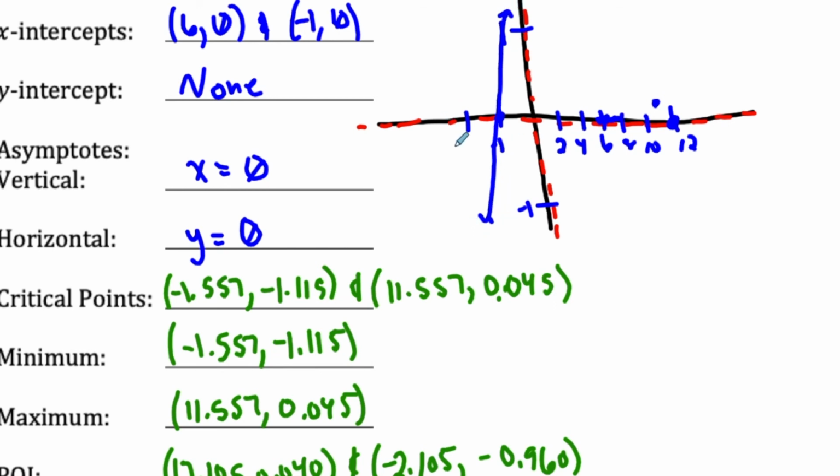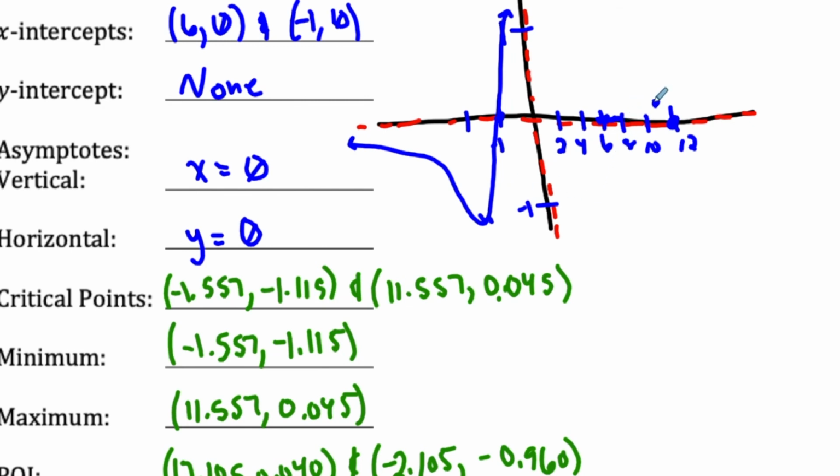I also know that when I continue out to negative infinity, it's getting closer to 0. So since this is the minimum, it's going to come up and then run along the negative x-axis. Now, it's not going to cross over because we would have another x-intercept, so it's just going to run very close to it. So that's going to look something like that.